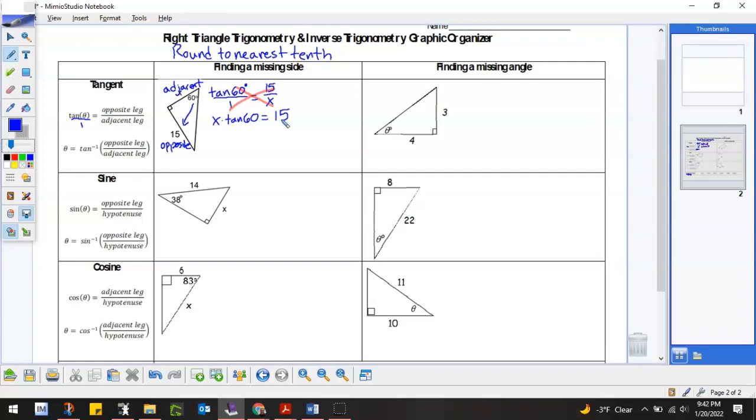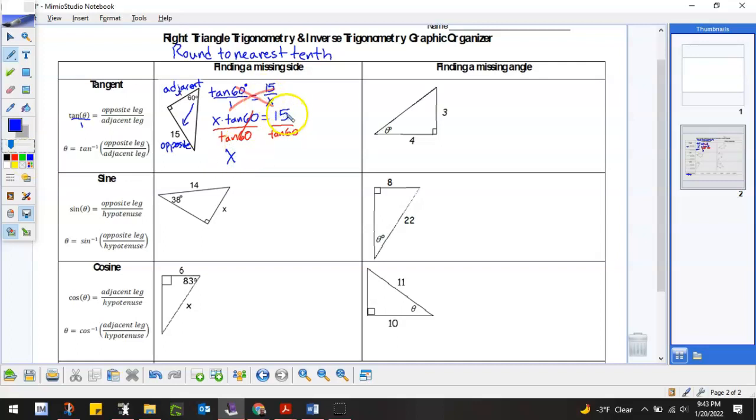Now we have to get x by itself, so we're going to have to undo multiplying by tangent of 60 and divide by tangent of 60. Tangent of 60 divided by tangent of 60 becomes 1, so we're left with a 1x on that side. And on the other side, we're taking 15 divided by tangent of 60.